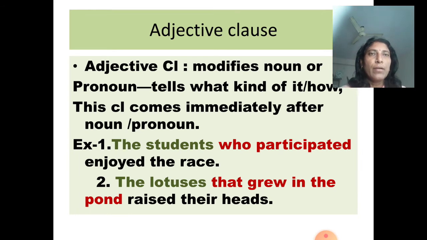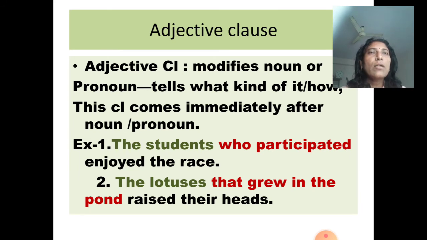who participated. I am not saying the students who are just sitting outside, the students who participated. So specifically the students are described with one sentence, that is who participated. So it is an adjective clause immediately placed after the noun the students. So who participated is the adjective clause.